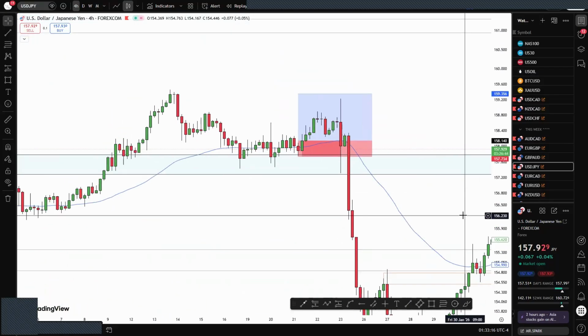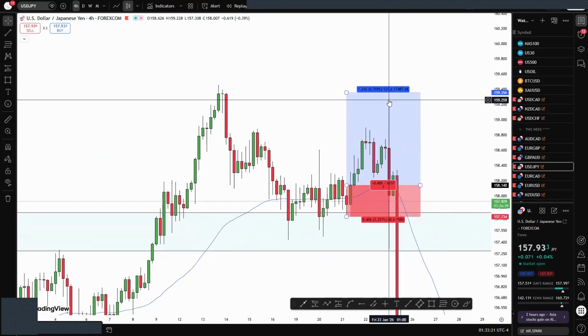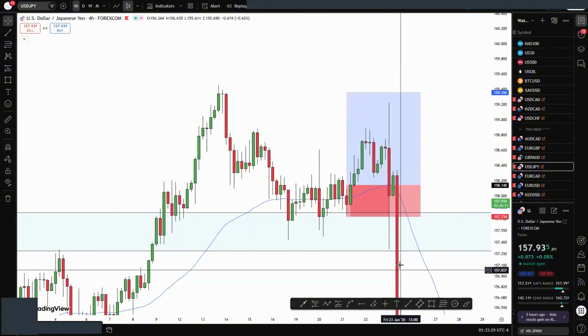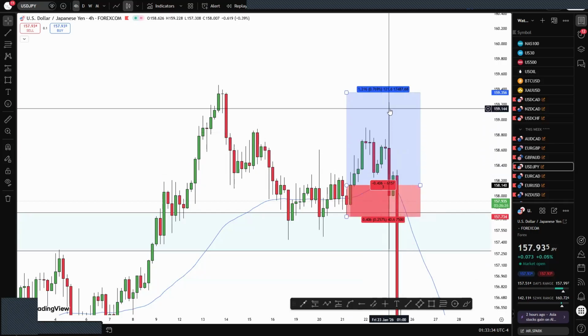You can't do anything. Imagine you're in a trade at this level, planning to cash out, and the next thing you see is price here. This happened in a split second, guys.